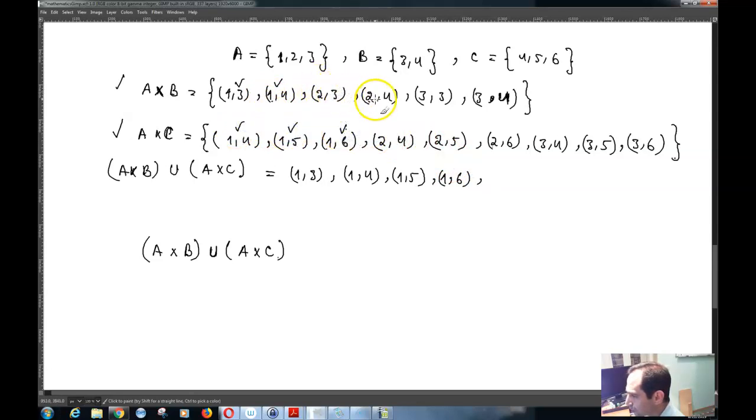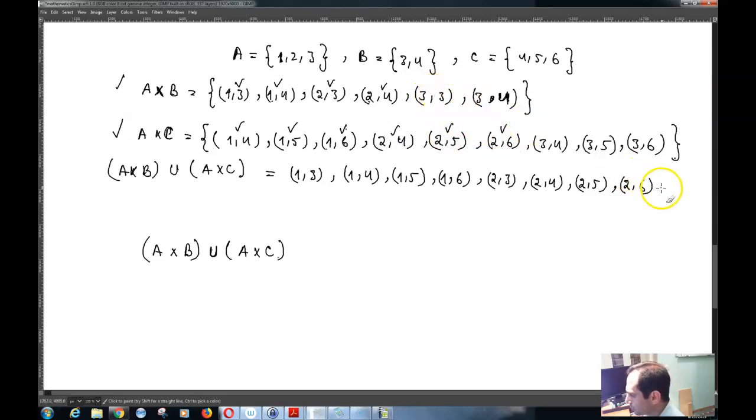Then I have (2, 3), (2, 4), (2, 5), (2, 6), so this is taken care of.